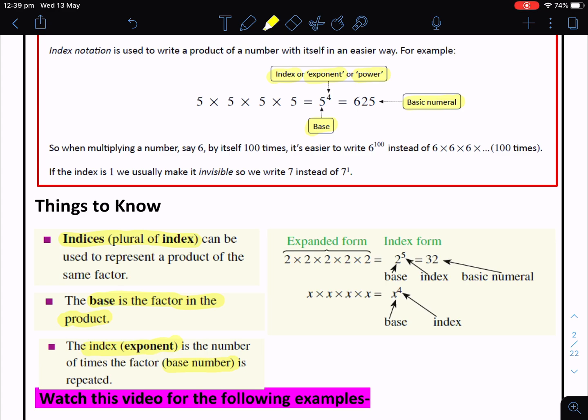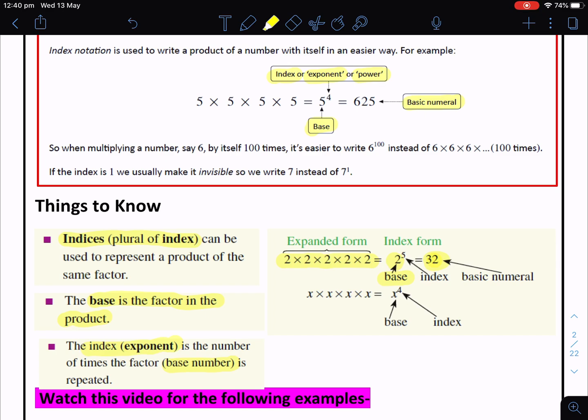In expanded form, this would be the base number times itself 5 times: 1, 2, 3, 4, 5. So the base in this case is our 2, and our index tells us that the 2 is multiplied by itself 5 times. Then we would solve that, and our answer is a basic numeral of 32.